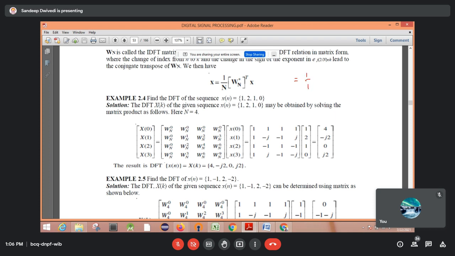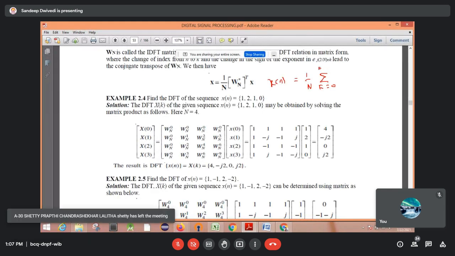Inverse means you will get the answer in terms of x of n, means you are calculating the x of n input sequence from the X of k. X of k is given, and from that you are trying to obtain x of n. So here the summation will be k equals 0 up to capital N minus 1.